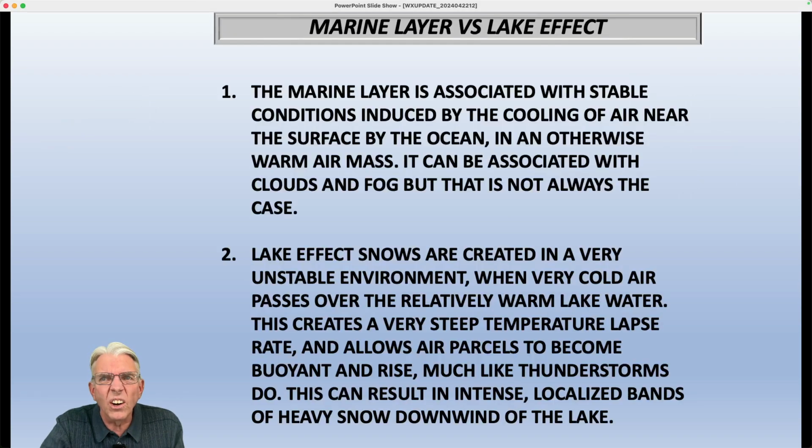So let's get started. First of all, the marine layer is associated with stable conditions induced by the cooling of air near the surface by a cool ocean, which happens off the west coast all the time. At the same latitude, the water temperatures on the west coast are much, much colder than they are on the east coast, because we have the Gulf Stream transporting warm water northward.